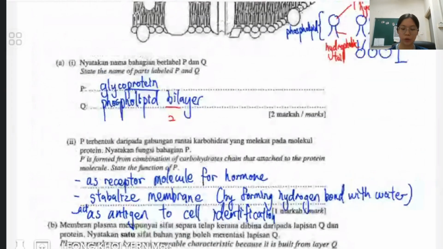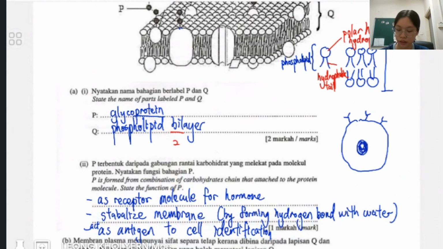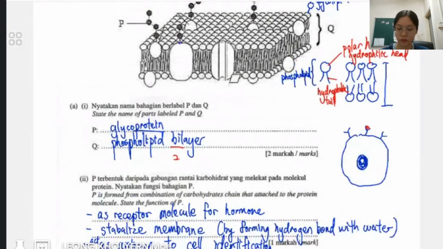So this one is a very detailed picture. But if we look further, let's say this is the animal cell. This animal cell has something called a receptor. You know how the hormones are transported and go to the animal cell. So let's say one of the hormones binds to the receptor.